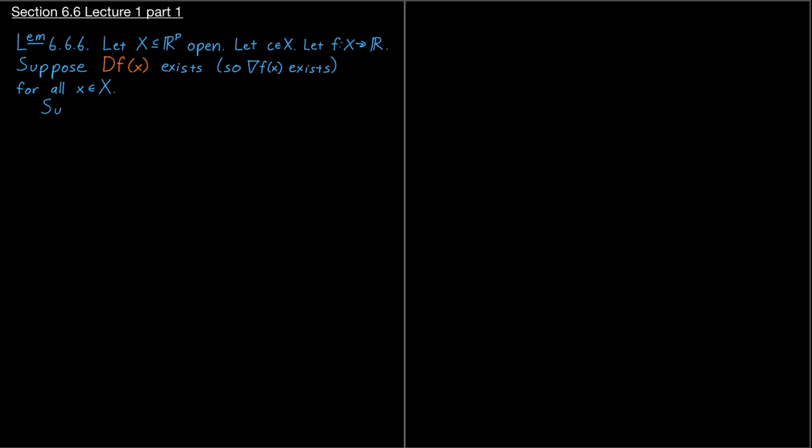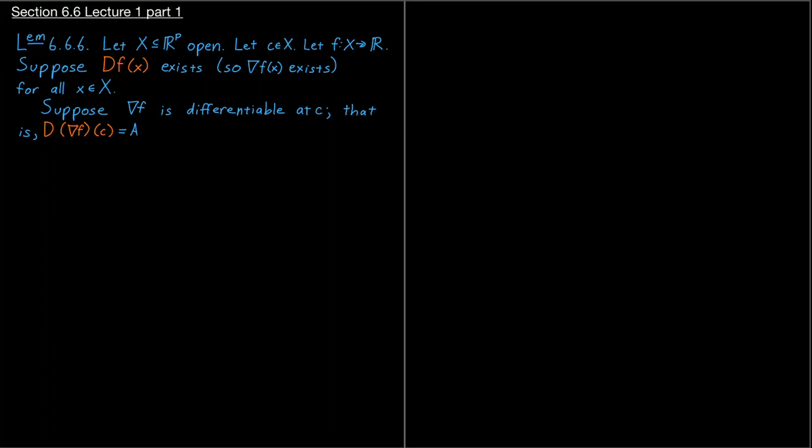So let's suppose that grad F is differentiable at C. So that is the derivative of the function grad F evaluated at the point C, and I really don't want to have to keep writing that over and over.